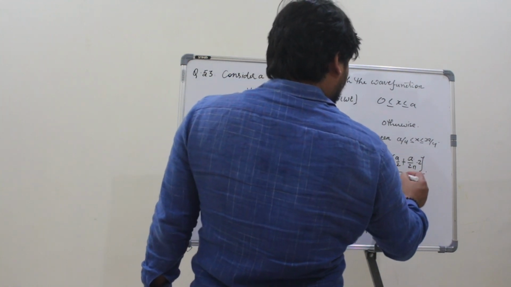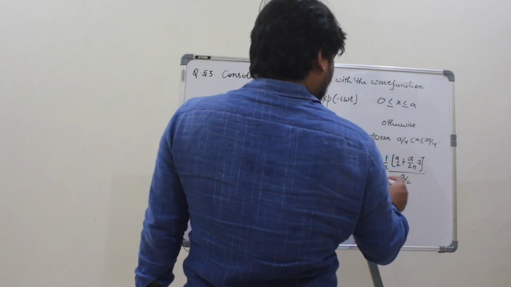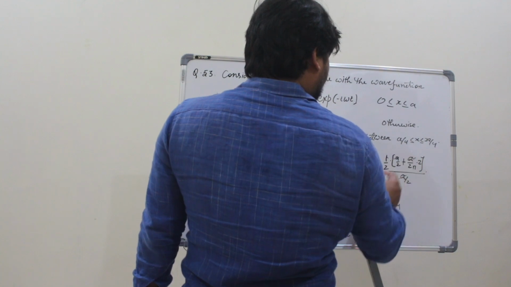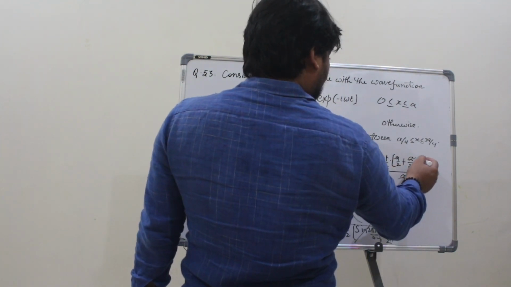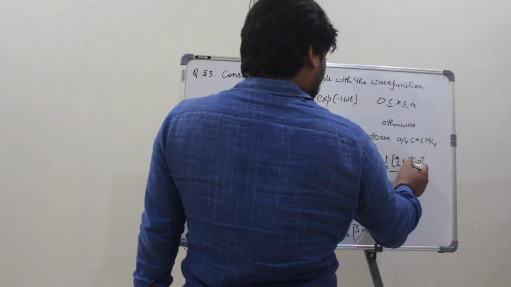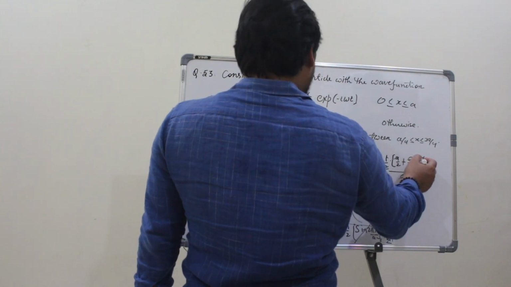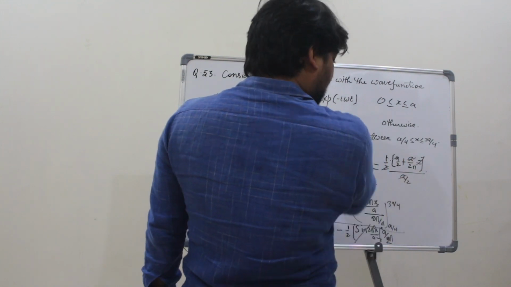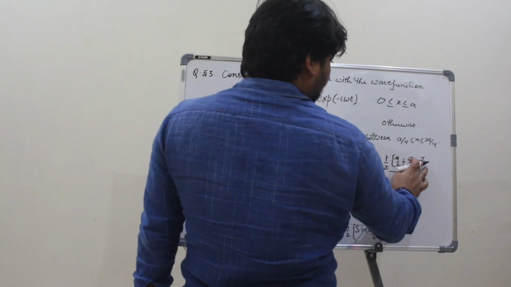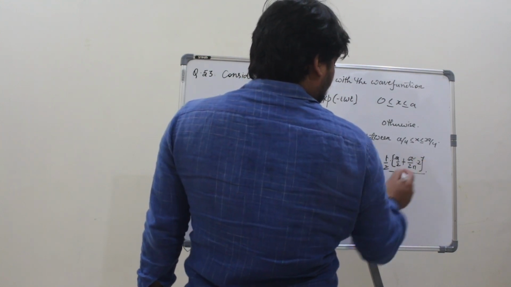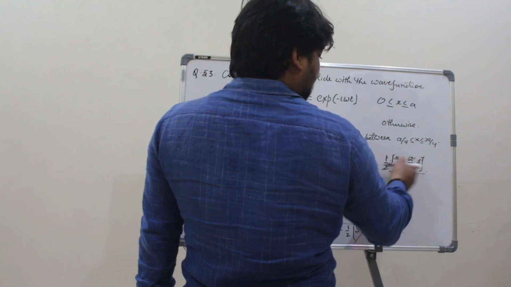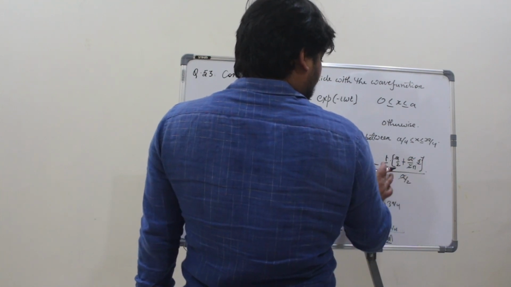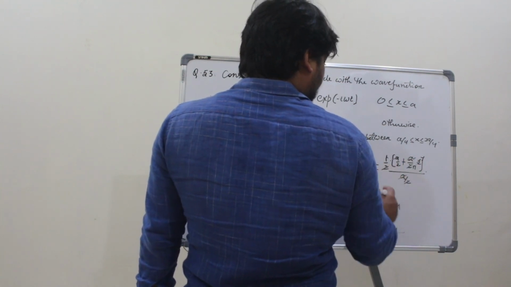Whole divided by a by 2. So take a as common, cancelling out, and this 1 by 2 cancels with this.